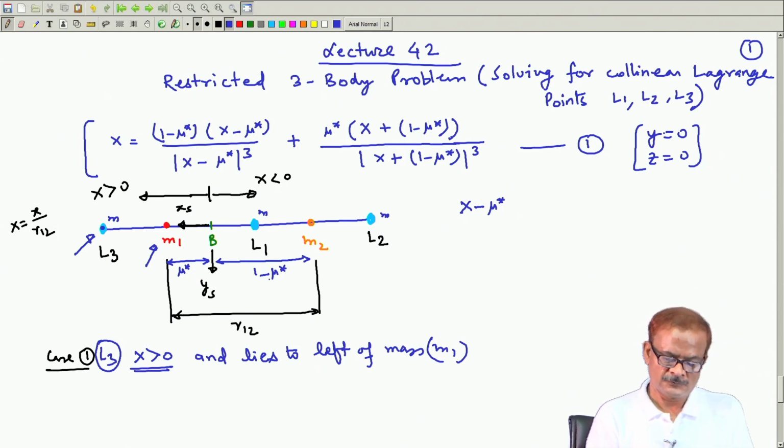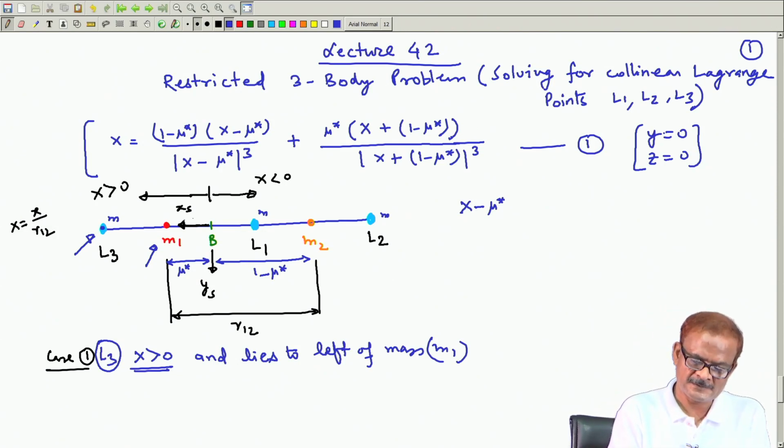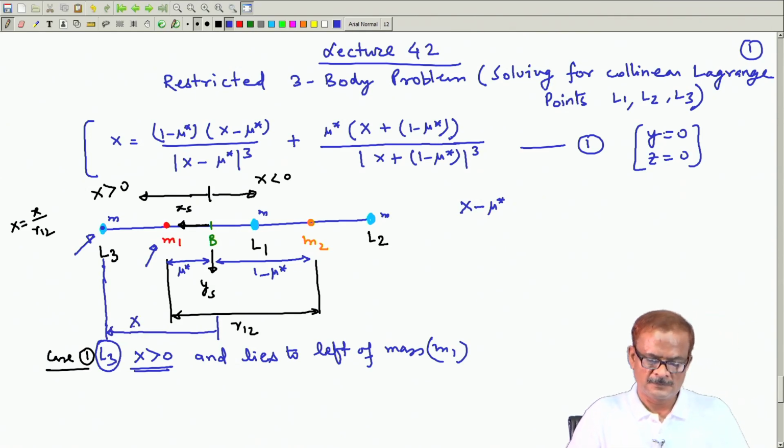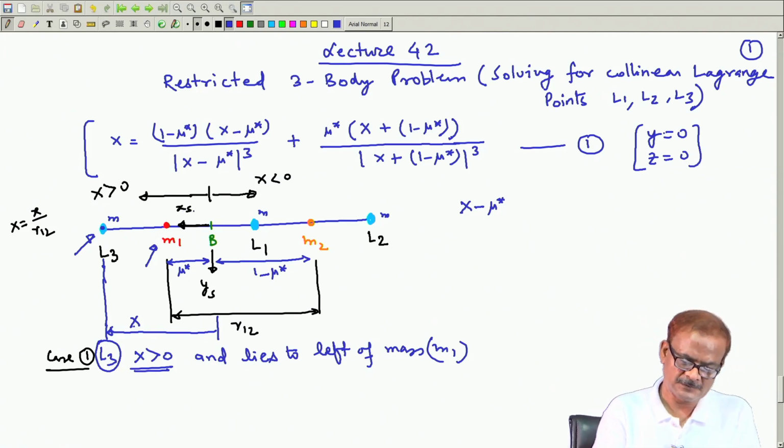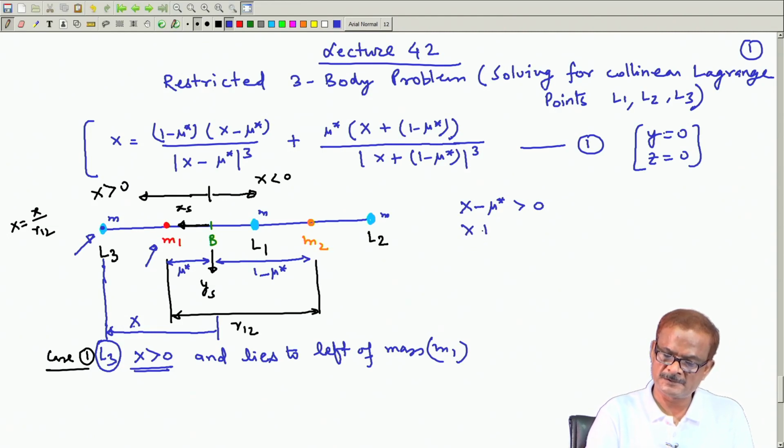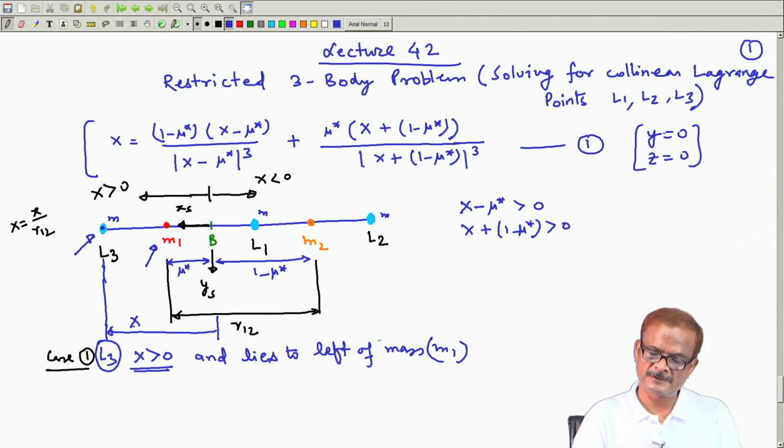So, if x is the distance from this place to this place, this is capital X, then capital X minus mu star will be a positive quantity, and also x plus 1 minus mu star is going to be a positive quantity.